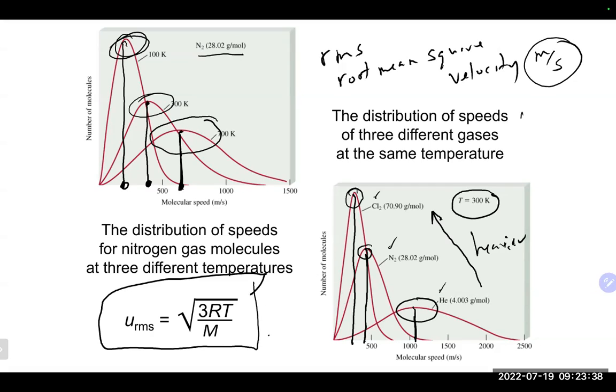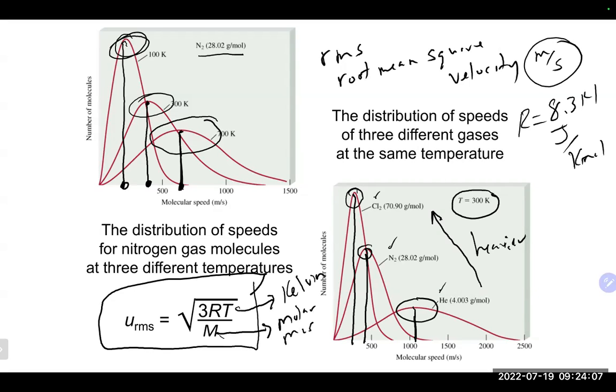The R value here is actually 8.314 joules per Kelvin per mole, so this is the energy version of R. The temperature is in Kelvin. And the molar mass, the bottom part, actually needs to be in kilograms per mole, not grams per mole.